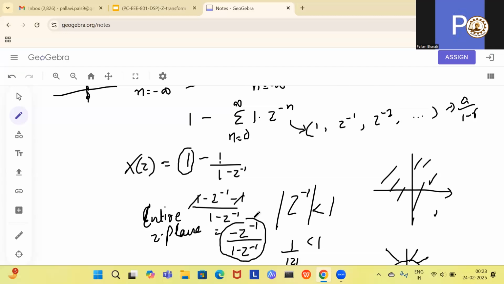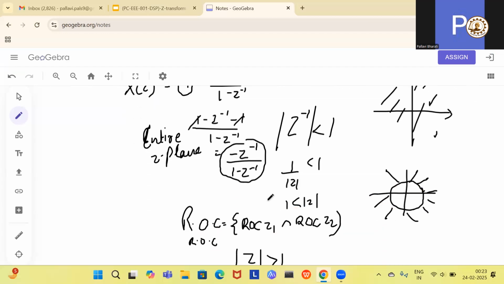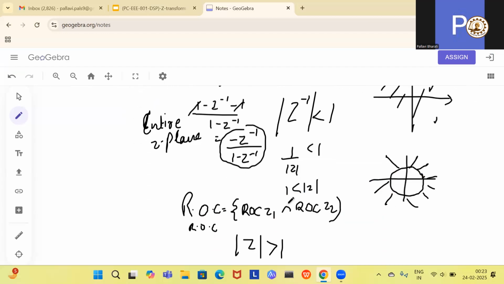This is the Z transform, and the ROC for this delta n was the entire z plane, and for this one was mod of z inverse lesser than 1. If you take the ROC together, then it is the intersection. That's why it's going to be mod z greater than 1. Got it?